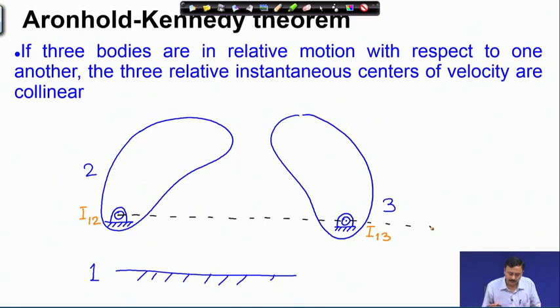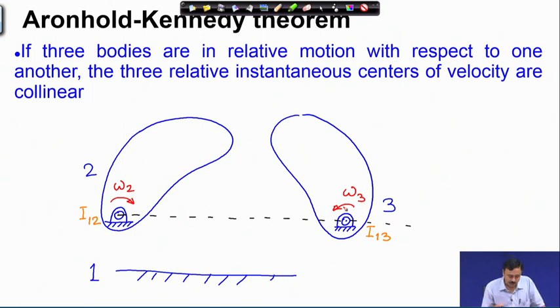Now, I ask the question, what is the relative instantaneous center of rotation of body 2 and 3? Let me also make one more consideration, that this is omega 2, this is omega 3. I have taken them arbitrarily.